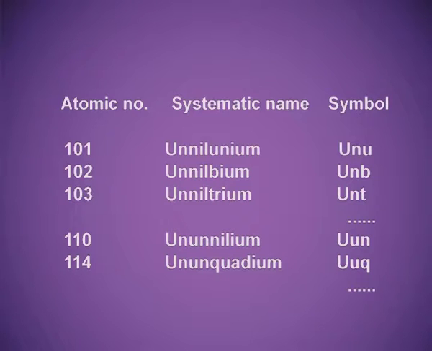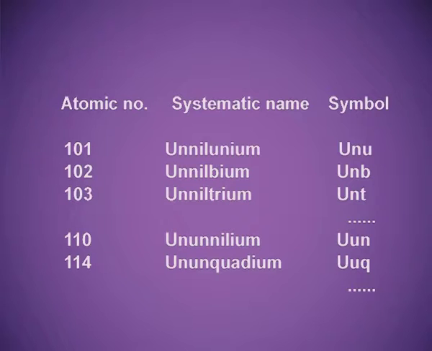For 1, un, for 0, nil, again for 1, un, and then the name ending is ium. The symbol is Unu. The first U is capital and the other alphabets are in small.